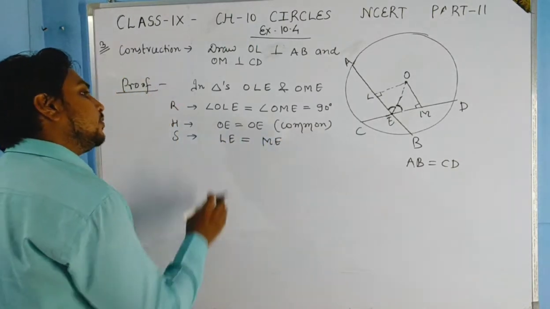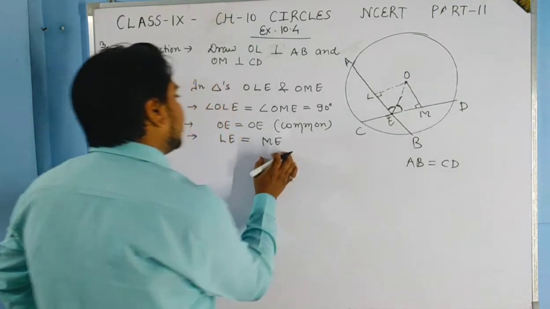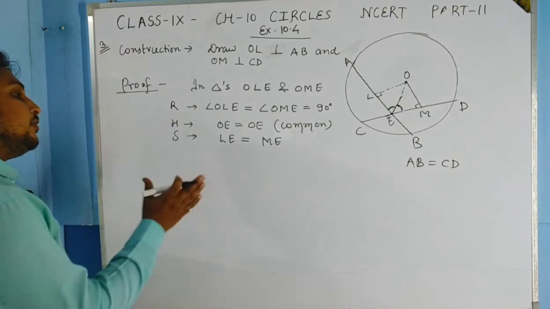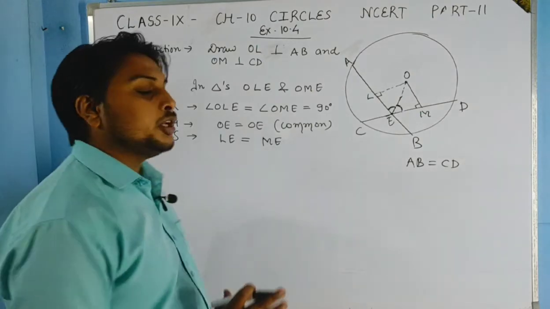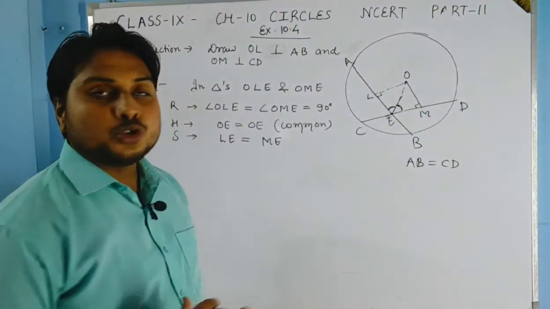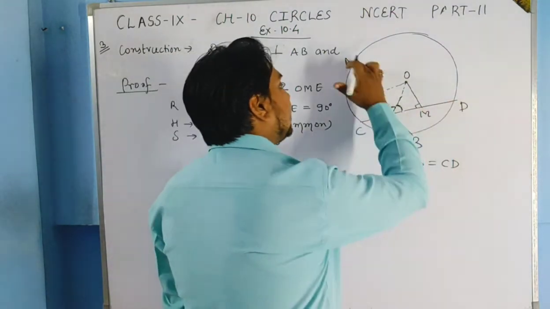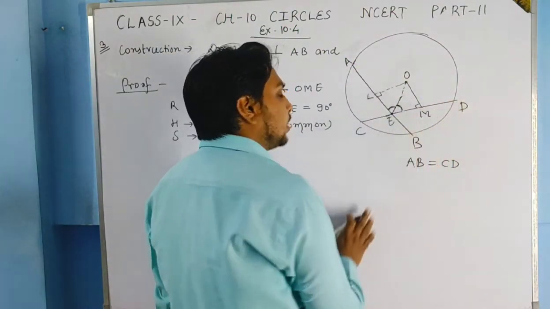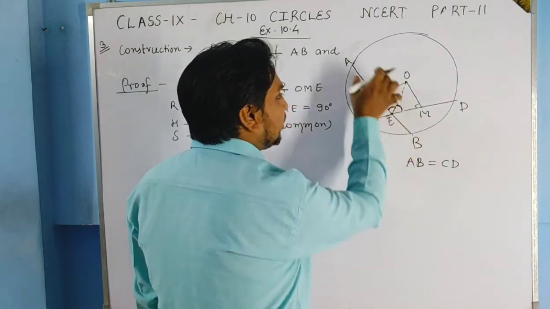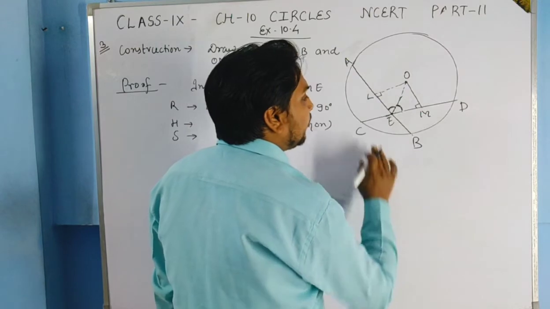But how, students? How will this LE be equal to ME? Students, in the previous question of this question, that is in question number 2, what result have we got? From question number 2 we have got that if two equal chords intersect within a circle, then their corresponding segments will be equal. Means in the previous question what have we proved?